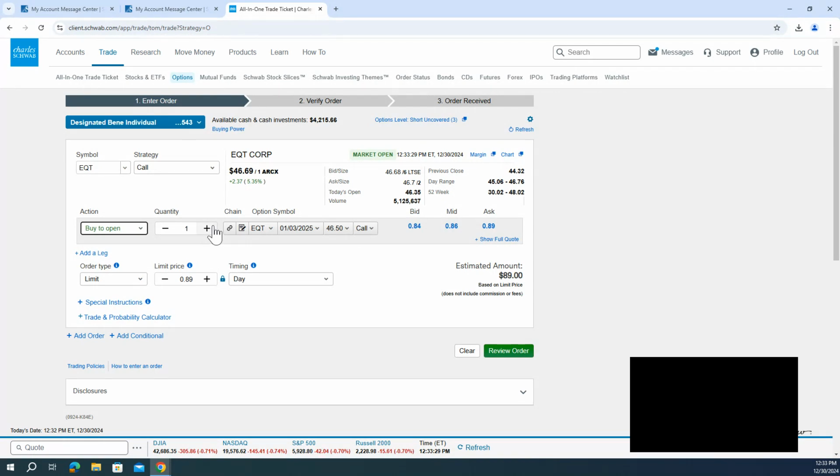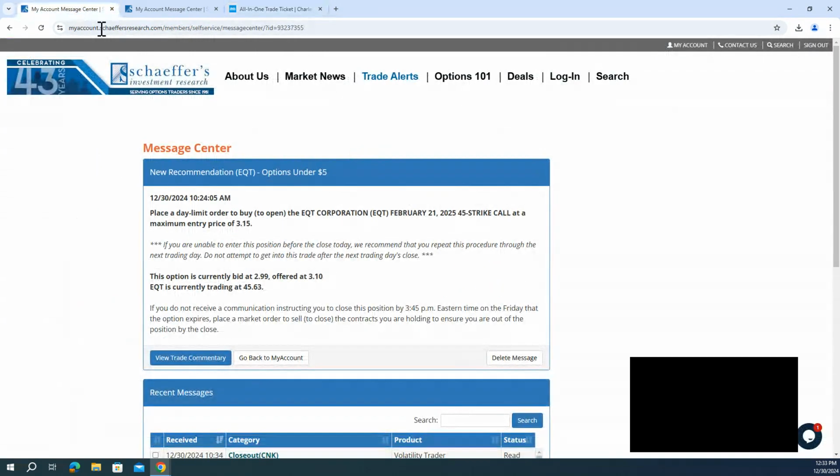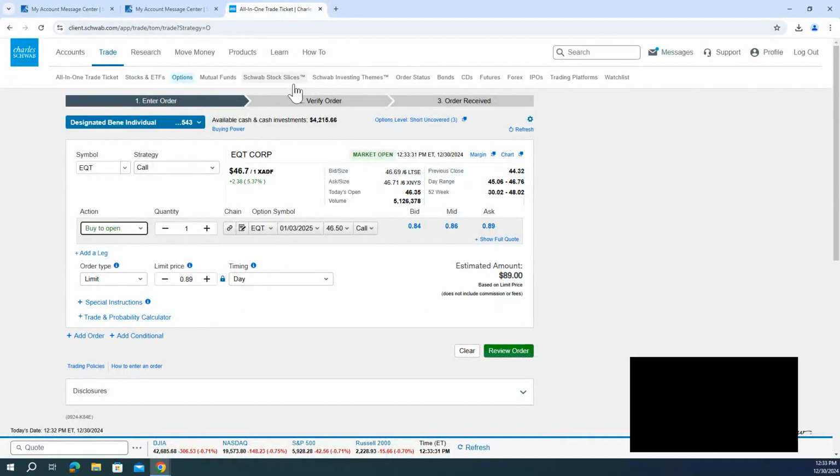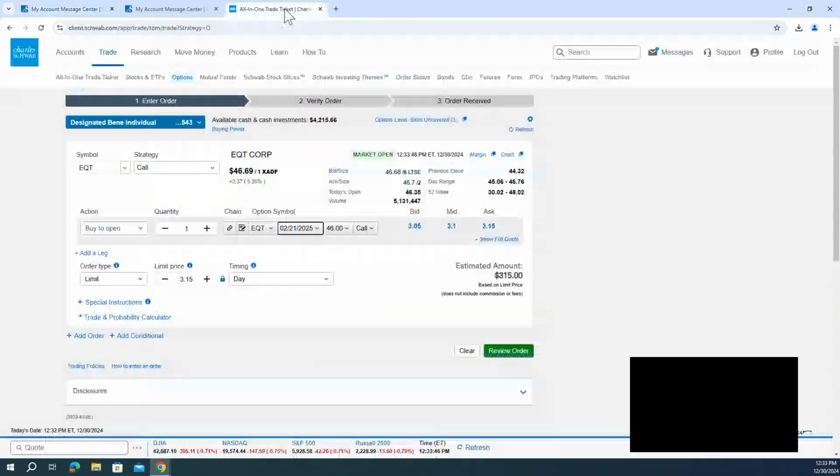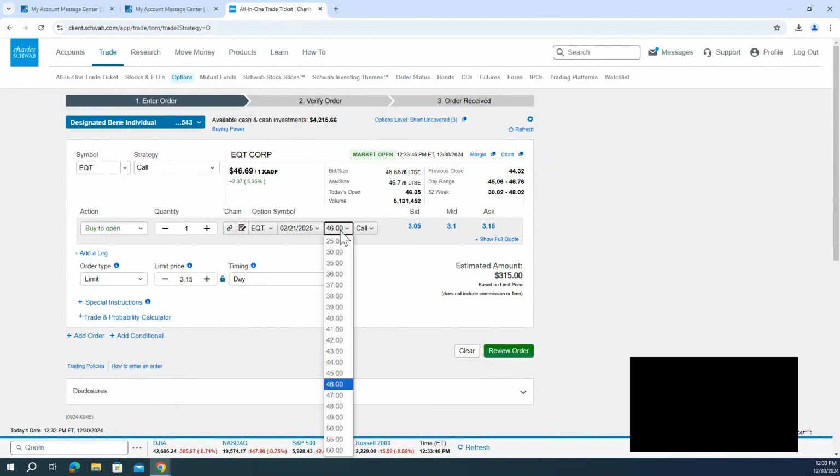Now, for the expiration, the trading team selected February 21st. So let's choose February 21st from the dropdown. And then for the strike, they recommended $45. So we select $45 from the dropdown.